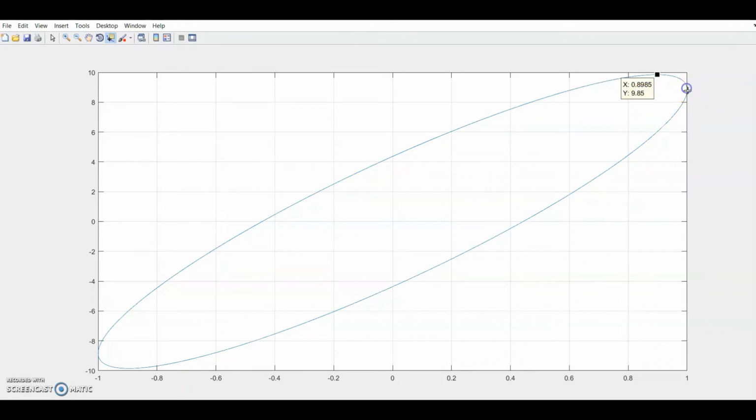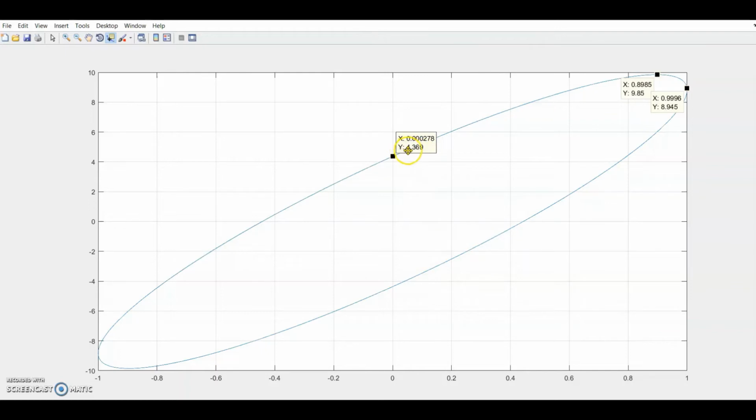This is the A point, the maximum value of x. So x is coming out near 1, so let's consider it 1, 0.996. Now the plot is crossing the y-axis at this point.